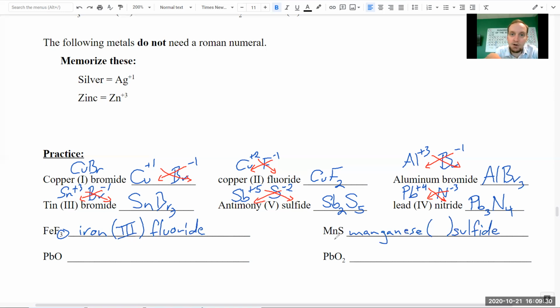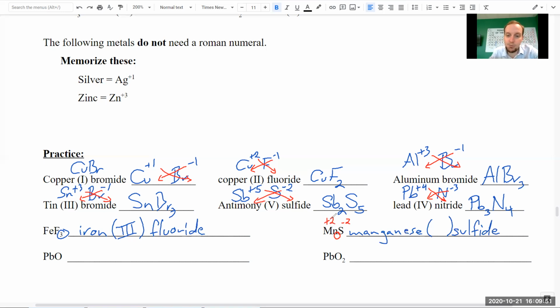The reason why that is not correct is because you know sulfur has a charge of -2. If sulfur has a charge of -2 and I don't see a 2 there, then what does that tell you about the charge of manganese? The charge of manganese must also be a +2.